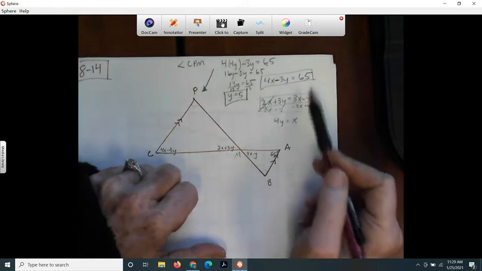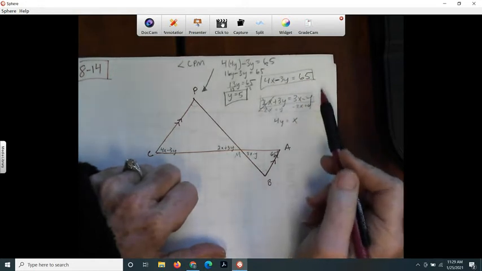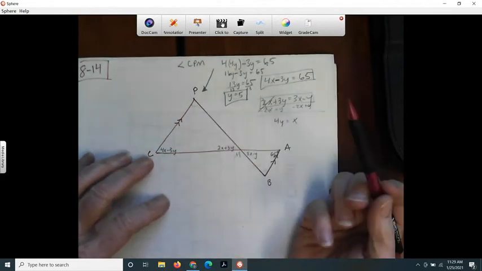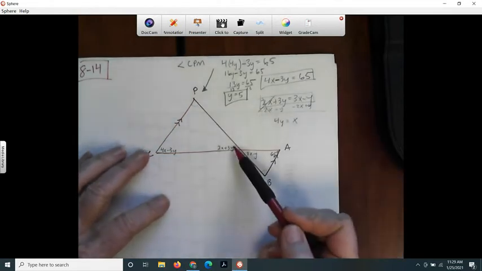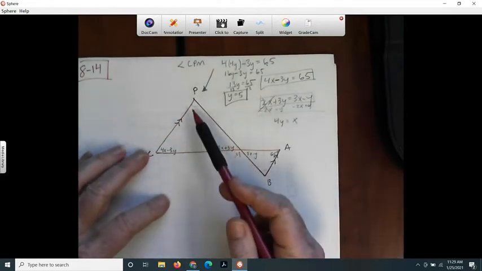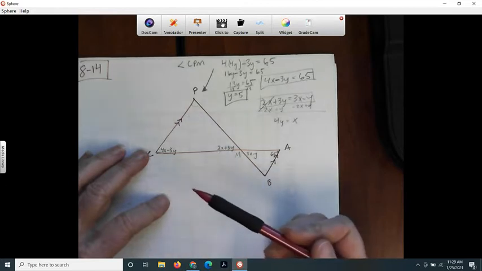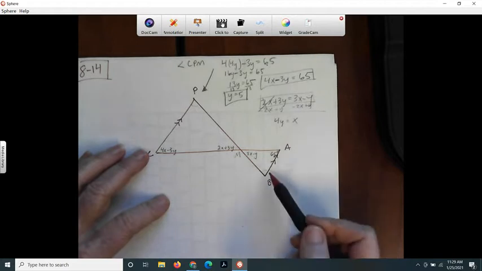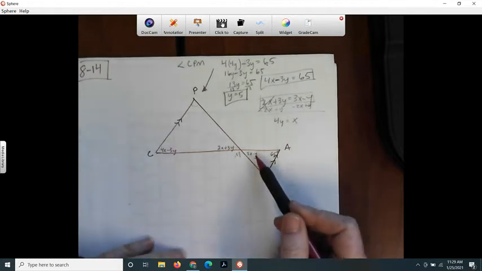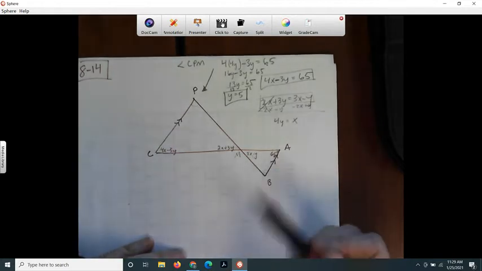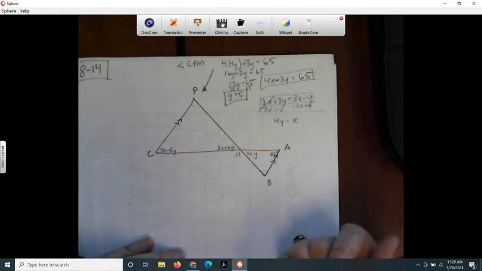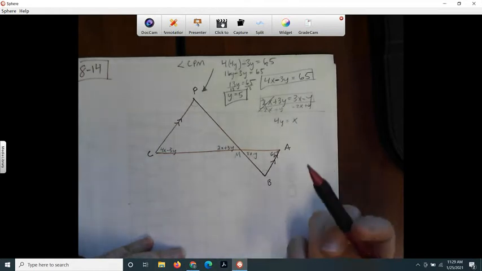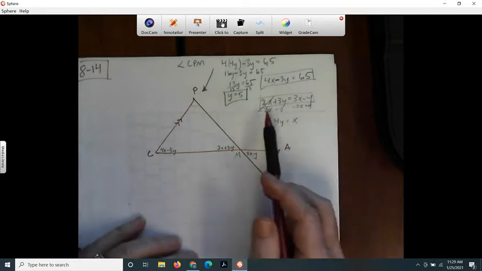And I know that if I can solve for x and y, I can find the measure of that angle, because I know that this angle plus this angle plus this angle add up to 180, because this is a triangle. And same thing for here, because these angles are equal, I could say this angle plus this angle plus this angle is 180. Either way, I'm just solving this system of equations.